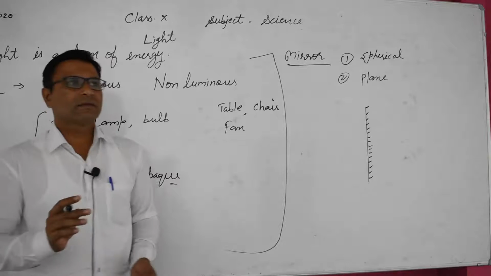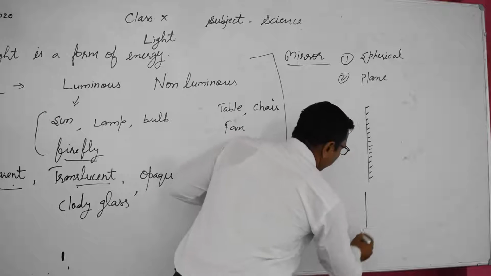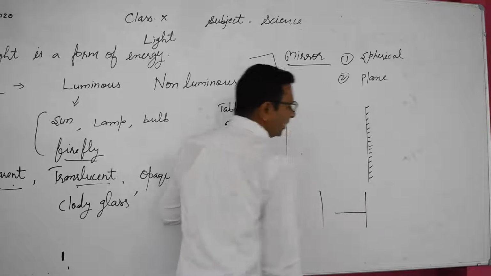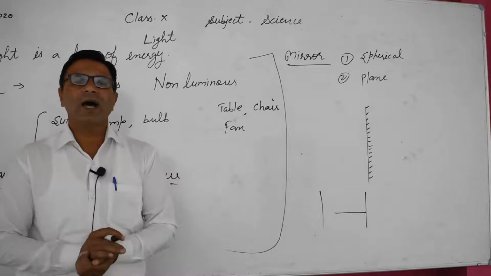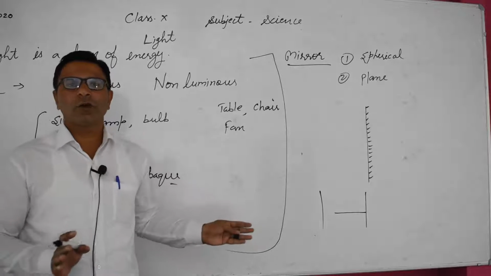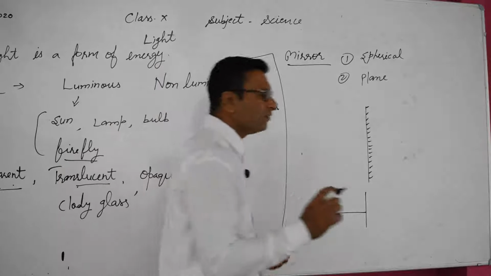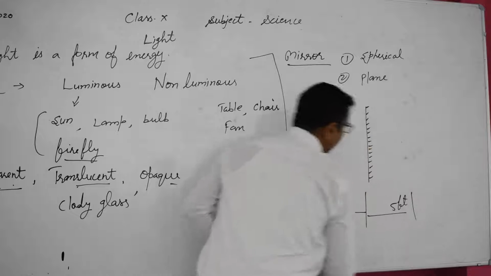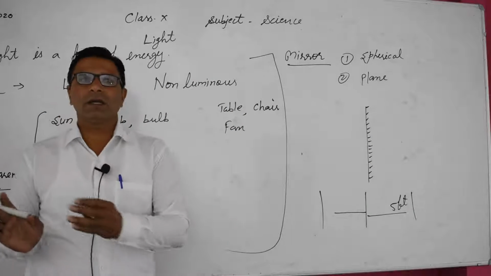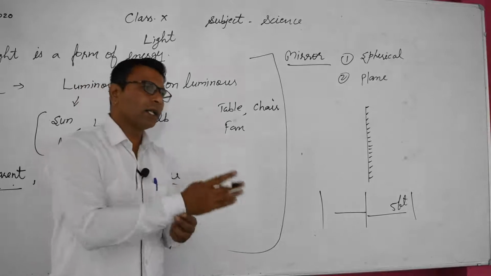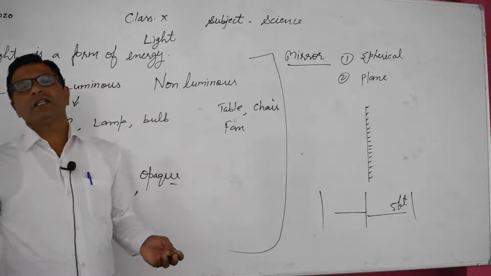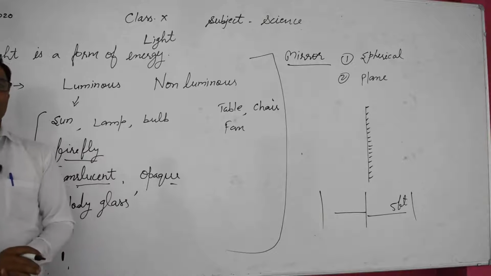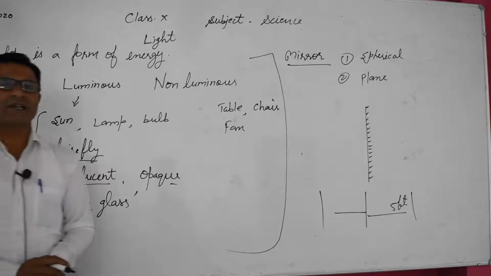And I want to tell you about the distance from the mirror. If you are 5 feet from the mirror, your image will be 5 feet from the mirror; if you are 6, 7 or 8 feet away, it will be the same. So it depends on your distance from the mirror. And another point is lateral inversion.